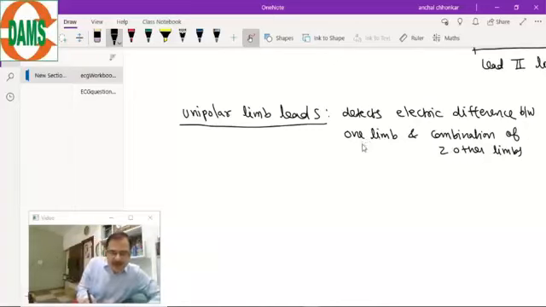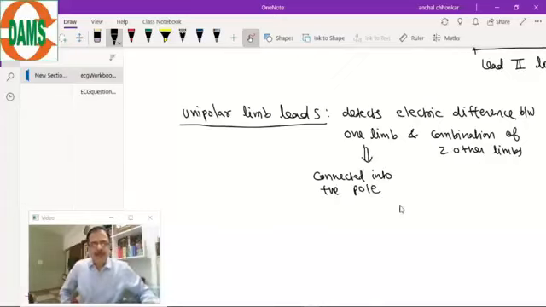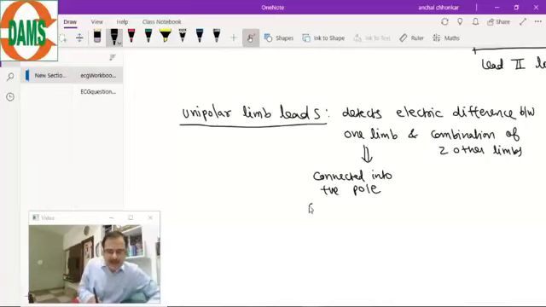So the one limb is connected to the positive pole, and that limb will be known as the exploring electrode, or the name of the lead will be placed on that limb. So this is the exploring electrode.